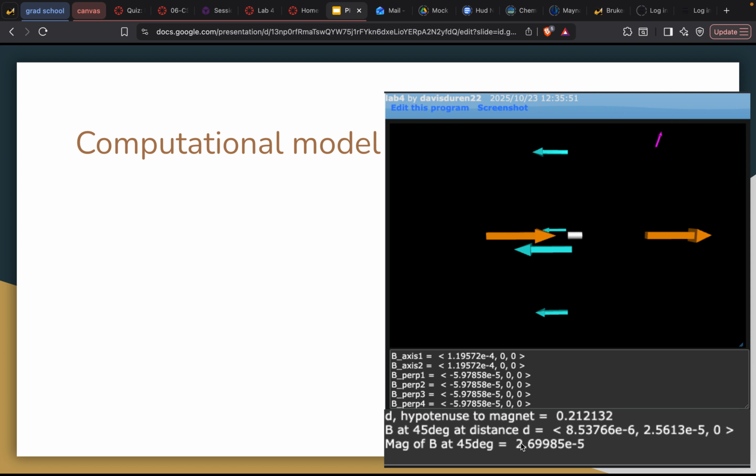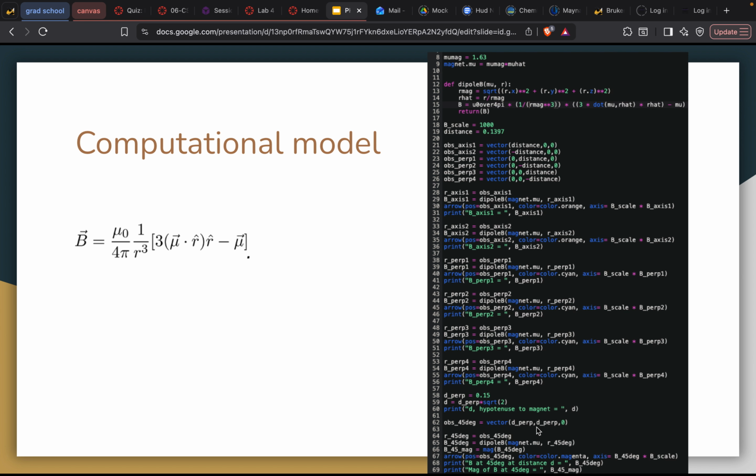Here are the results showing our computational magnitude of B at 45 degrees, 2.6 times 10 to the minus 5 Tesla. Here's the code. This function here computes the dipole using this equation that I showed earlier. This code creates the arrows and solves for their intensities.